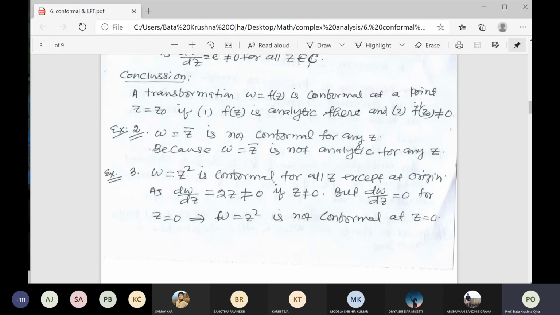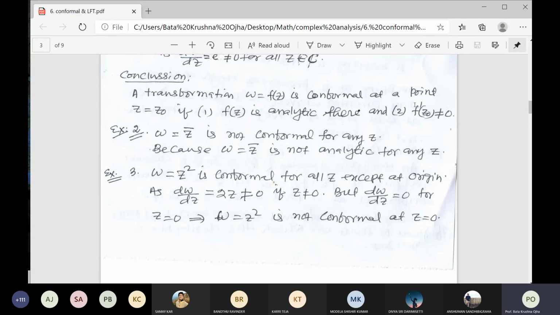If you consider it in other ways, if you find the Cauchy-Riemann equations, CR equations, you will find that the real and imaginary components of w do not satisfy the CR equations.